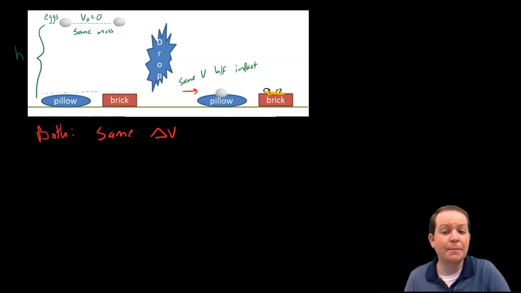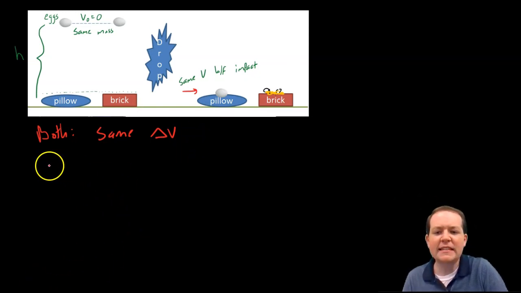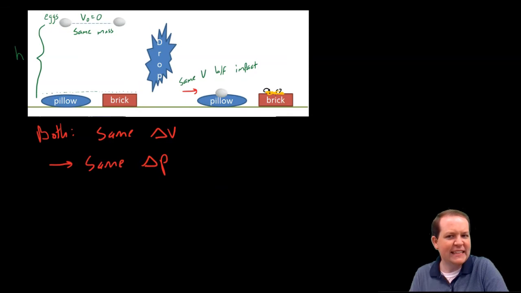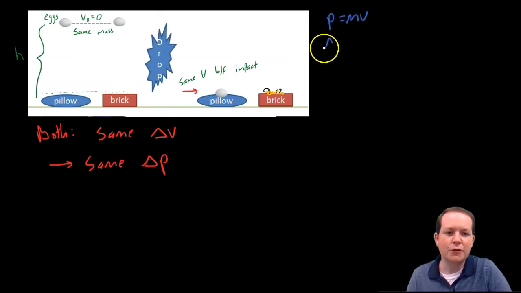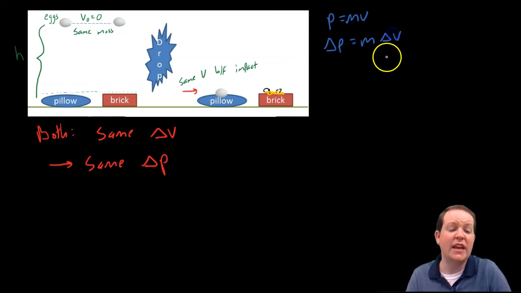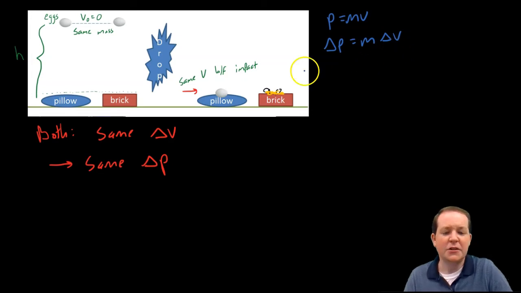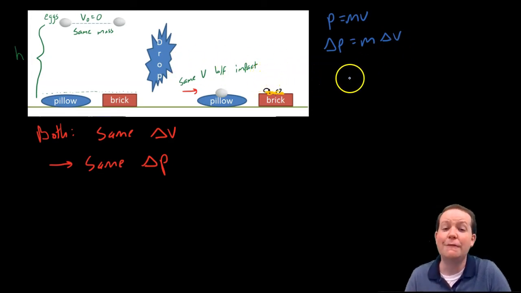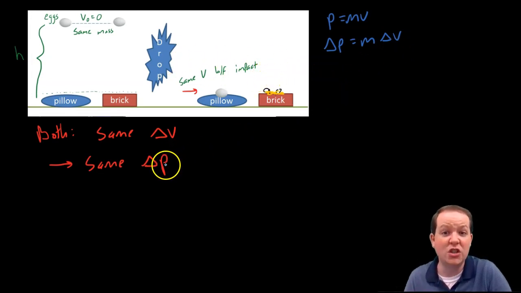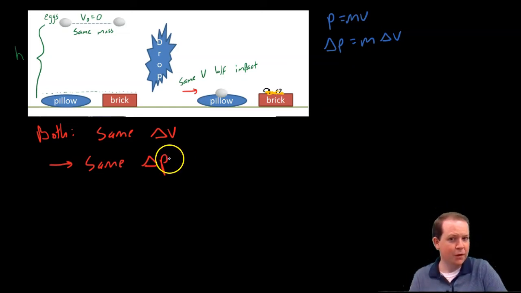Well, that actually means something very important. That means both eggs must have the same change in momentum. How am I concluding that? Well, p equals mv. For the change in an object's momentum, the mass can't change, so it must be the change in the object's velocity. If the 2 eggs have the same change in velocity, they must have the same change in momentum. With me so far?